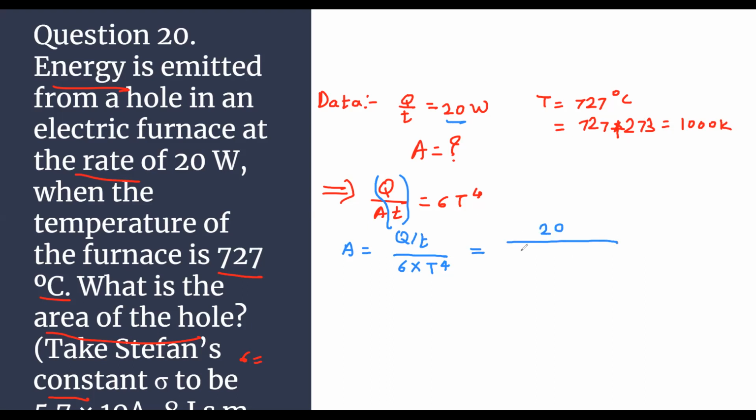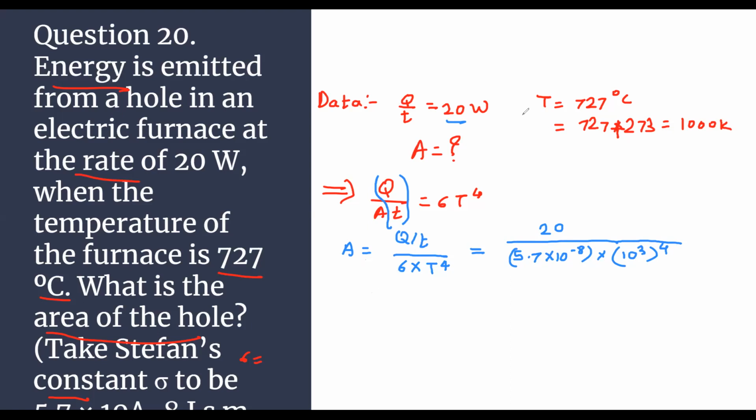So 20 upon 5.7 into 10 raised to minus 8 into 1000, which is nothing but 10 raised to 3, raised to 4. Then this 10 raised to minus 8 and 10 raised to 3 raised to 4. So let's solve it.